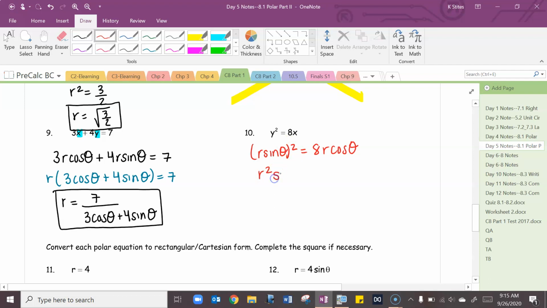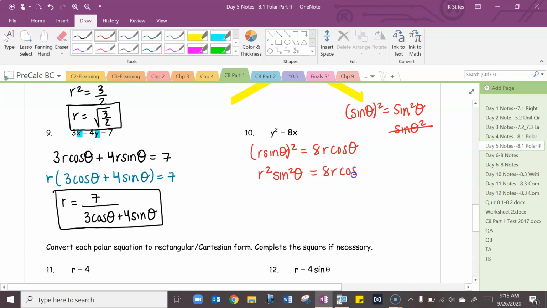The way that we show sine theta squared is like this. The correct notation is this. You cannot write it like this because that means you're squaring the theta, not the sine of theta. Don't do that.